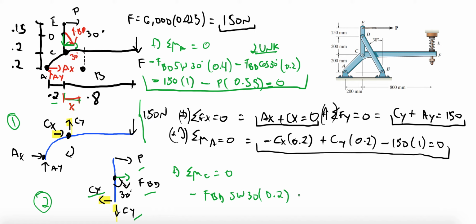Okay, and then P was a distance away of 0.35, so minus P times 0.35 equals 0. So this is my other equation.